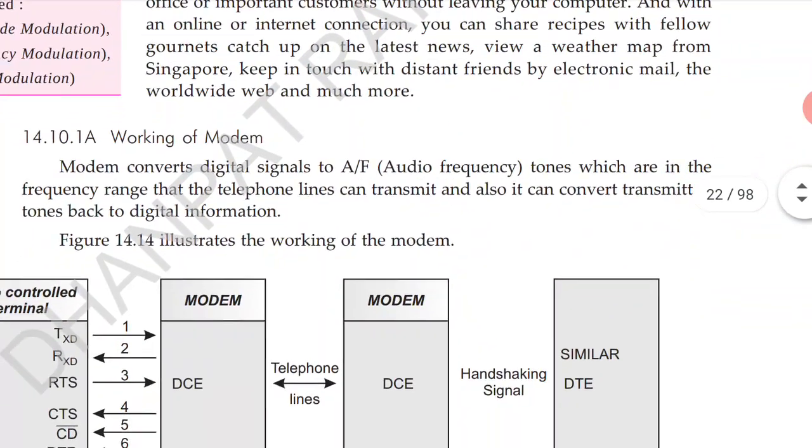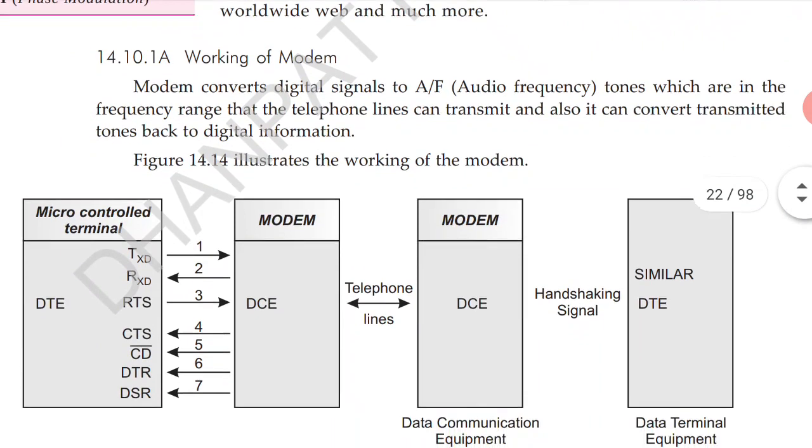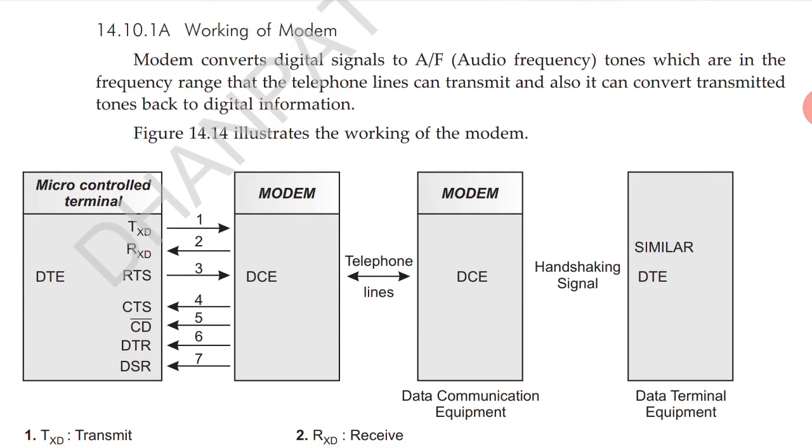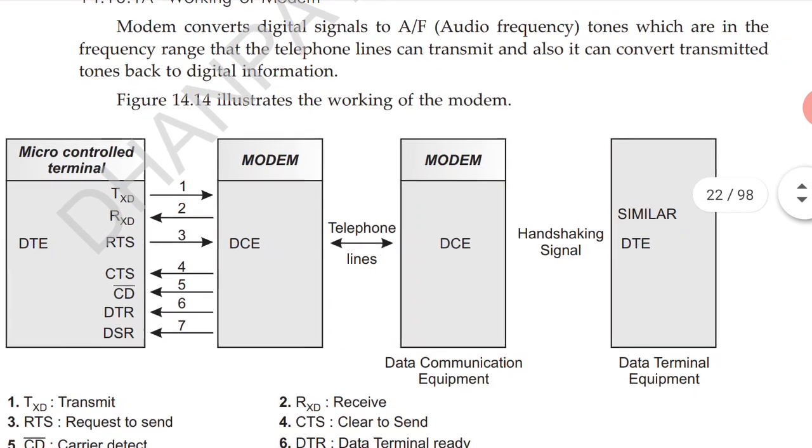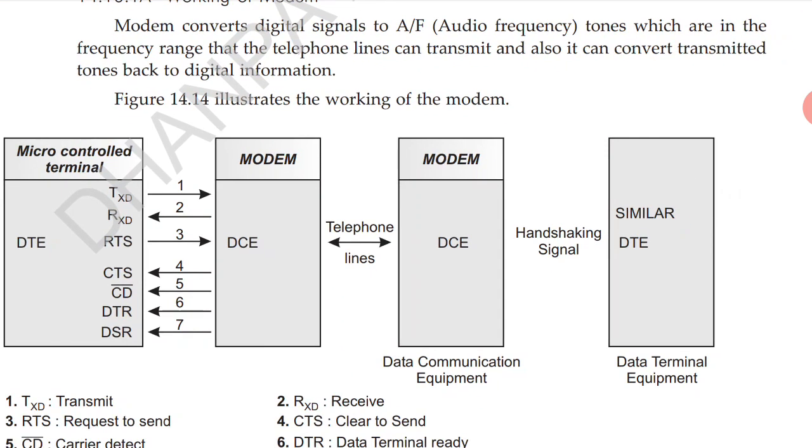Now, the working of a modem. In the working of a modem, we have a microcontrolled terminal modem. Many times you see a modem which has a few indicators on it, like CTS, DTR, DSR, and those lights blink. This is actually used for communication over telephone lines.